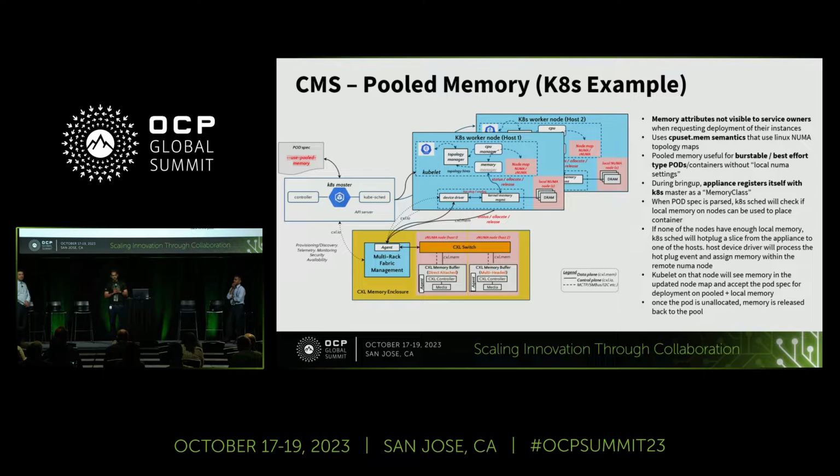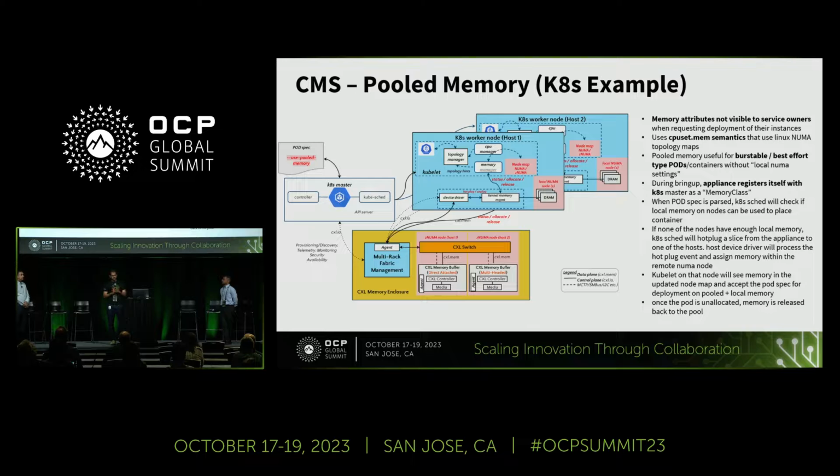One of the other driving requirements for our Kubernetes team was they want to use the existing semantics within Kubernetes. So cpuset.mems is essential. They don't want any sort of flags that say it's a special pool memory or a local DDR memory, because that will be a big tax for us to consider pool memory within our infrastructure.